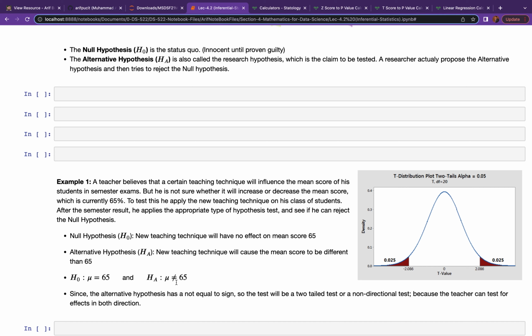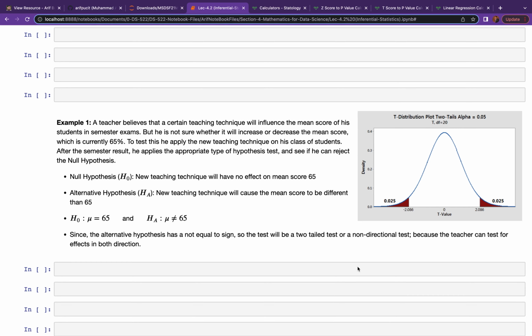And since this alternative hypothesis has a not equal to sign, the test will be a two-tailed test or a non-directional test, because the teacher can test for effects in both directions. This is what is shown over here in this graph, and more on this in a while. Let's move on to another example.